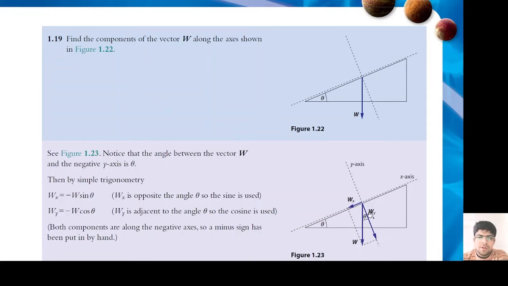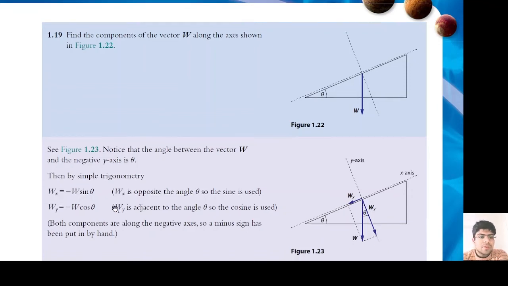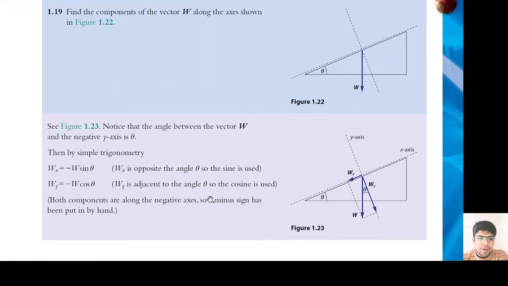Look at the figure here carefully. This is the y-axis and this is the x-axis. This is angle theta. This is the x component of the vector W, and this is the y component. This is the W vector. Both components are along the negative axis, so a minus sign has been put in by hand, like the downward direction.